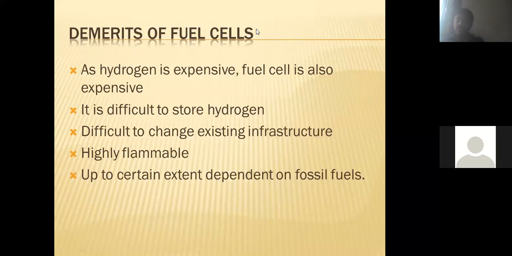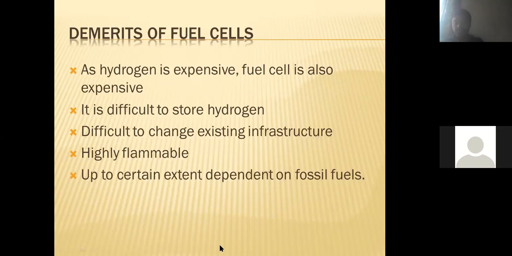Now, important things: if you are observing carefully, here we are going to have two things. Hydrogen is coming from one side and oxygen is also coming from one side. When I'm talking about hydrogen content, storing of the hydrogen is going to be difficult here. You cannot store it easily. In the last sessions we discussed the storage of hydrogen. Different methods are there.